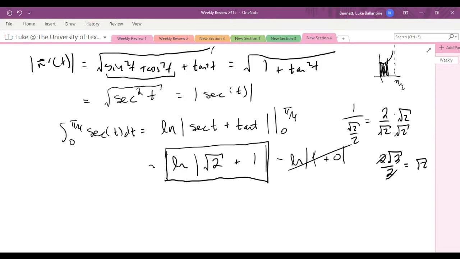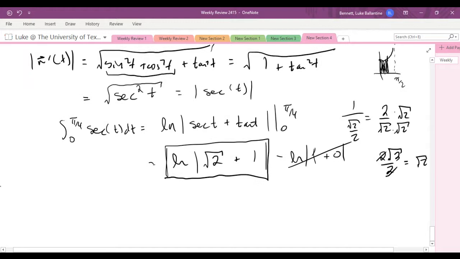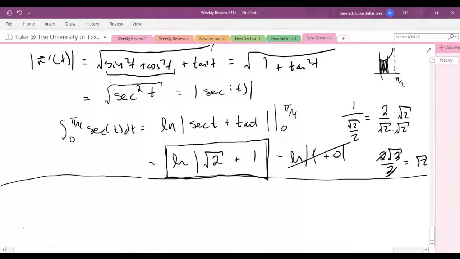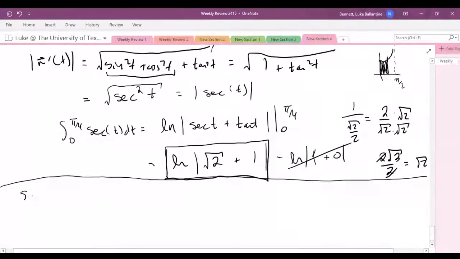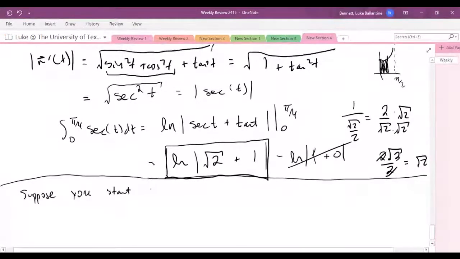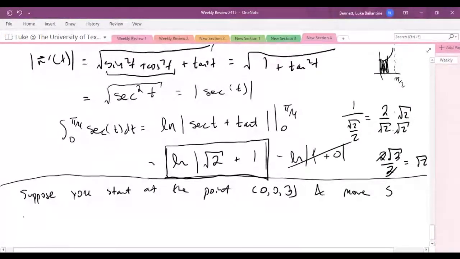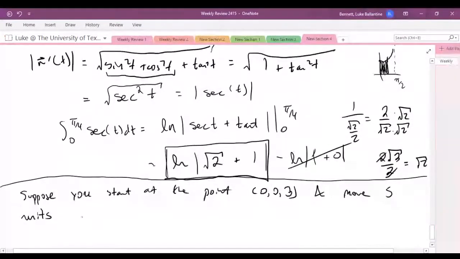This is kind of more of a conceptual problem, but you still work with the formula. All right. So suppose you start at the point 0, 0, 3 and move 5 units along the curve.